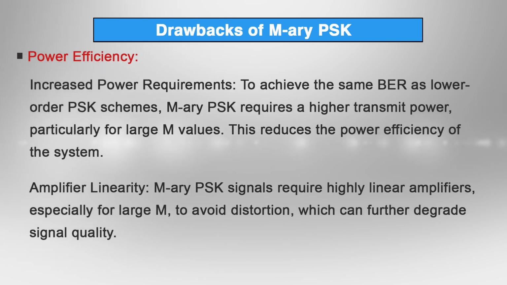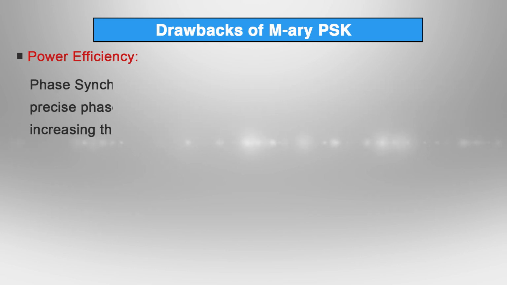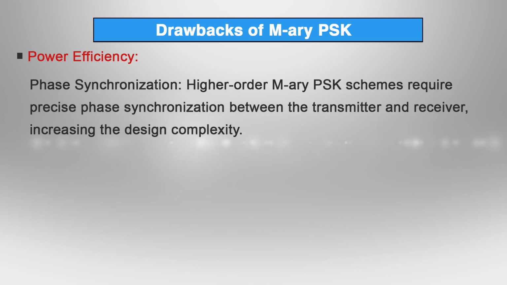Now, next is the M-array PSK signal requires a highly linear amplifier, especially for large M, to avoid distortion, which can further degrade signal quality. Next, higher order M-array PSK schemes require precise phase synchronization between the transmitter and receiver, increasing the design complexity.